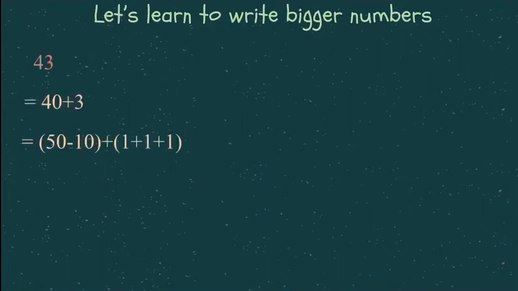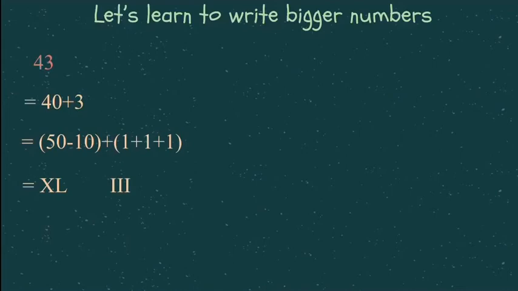So 43 is 40 plus 3, and 40 can be obtained by subtracting 10 from 50, and 3 is nothing but adding 1 three times. So how do you represent 50 minus 10? Just by placing X before the symbol for 50, that is L. So we have XL, and to represent 3 we have this symbol.